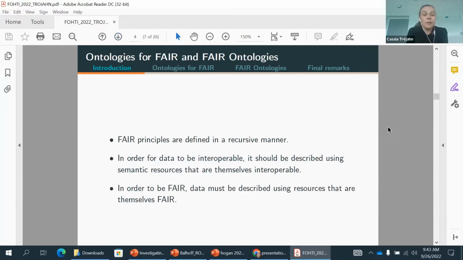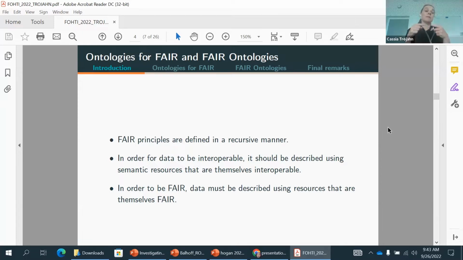Having said that, we focus on interoperability and the role of ontologies in the interoperability of the FAIR principles, in two dimensions: ontologies that can be used for improving interoperability, and also ontologies that are themselves FAIR. In fact, the FAIR principles have been defined in a recursive manner.